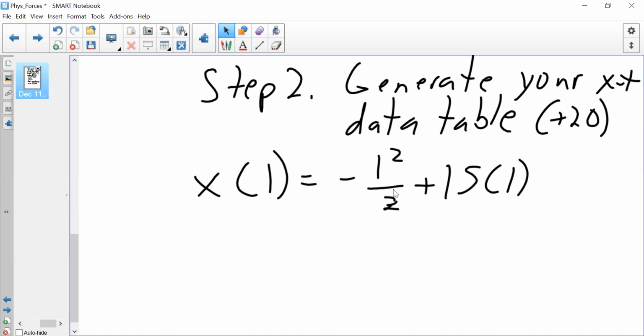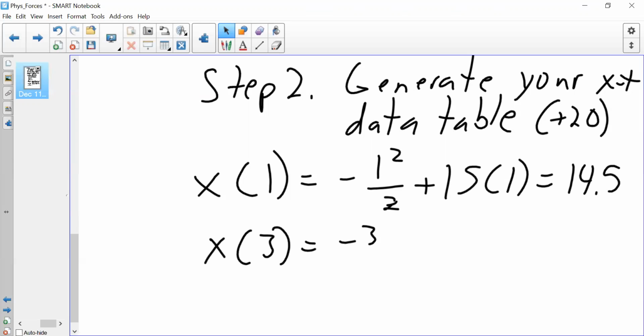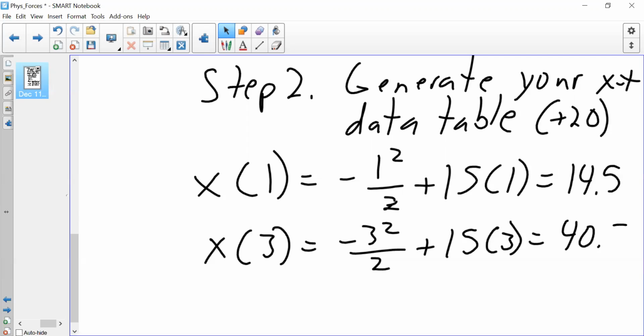Okay, that's going to be 14.5. And then when t is equal to 3, it's going to be equal to 40.5.